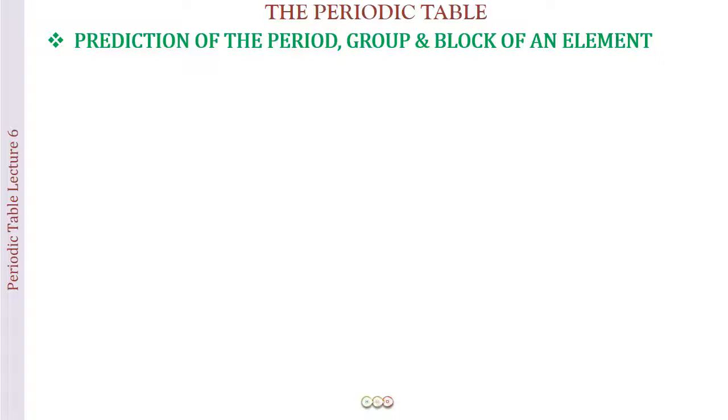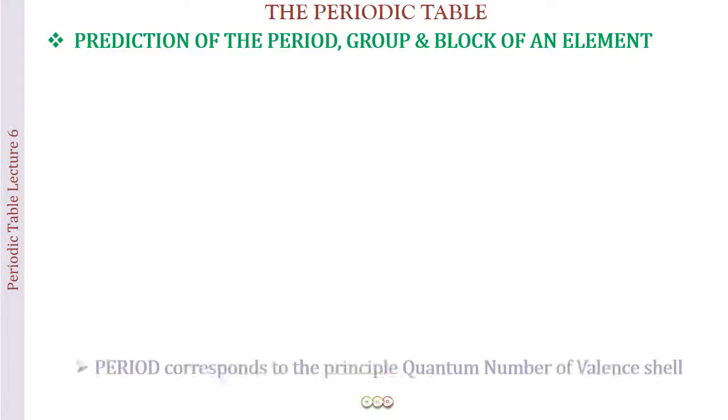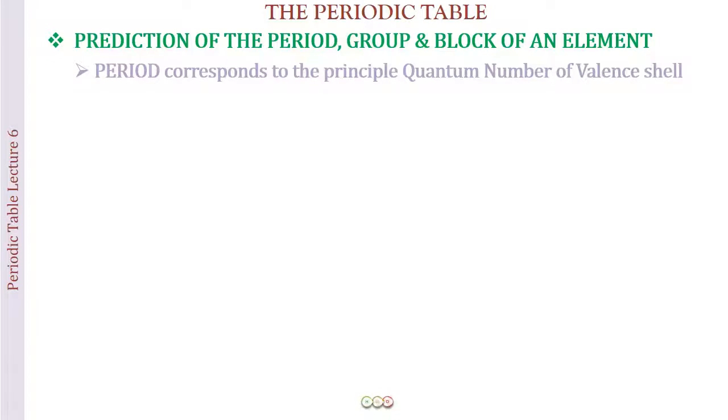We will start first of all with the period. To know the period of an element, the period is going to correspond to the principal quantum number of the valence shell. That means you have to write the electronic configuration of the element, and wherever the electron is going into the last energy level, that is going to be the period of that element.